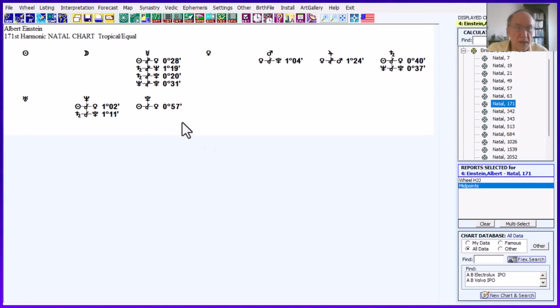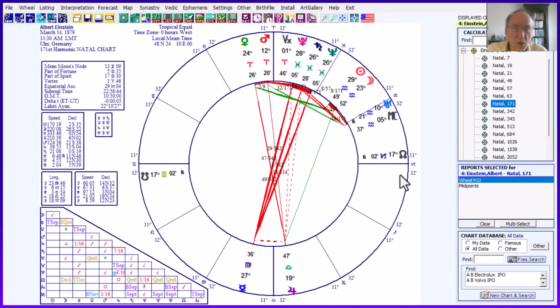All 4 planets, let's look at that wheel. All 4 of these planets are at the Sun, Venus midpoint. Just makes it a little bit stronger. It's a larger configuration. Wow, 4 planets at the same midpoint structure, and they're all within 2 degrees. It's a very powerful configuration.